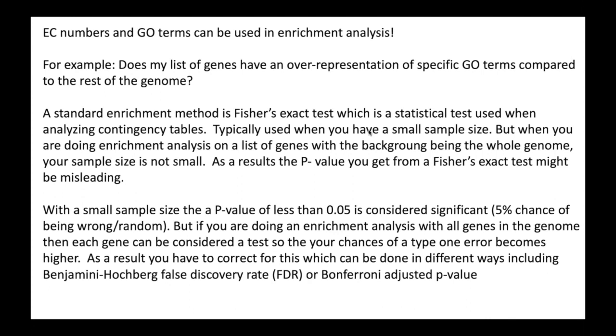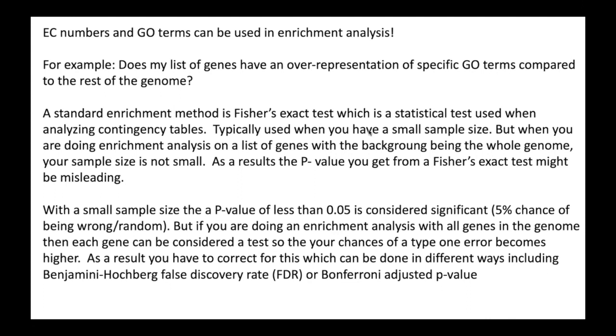Is this interesting thing that I'm seeing in my list of upregulated genes, for example, just by chance, or are they truly significant? Am I getting a true observation here that may have obvious ramifications downstream?